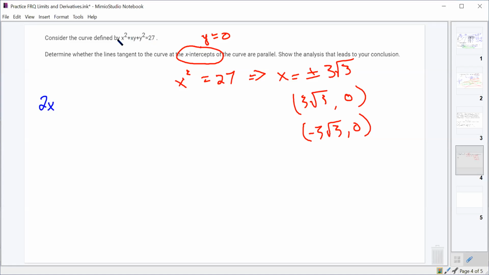The xy, that one we should be pretty used to. We've done xy itself a bunch of times, but it's x times the derivative of y, so x dy dx, plus y times the derivative of x, and then plus 2y dy dx equals 0. Good or no?